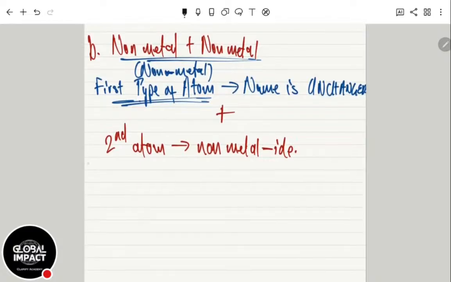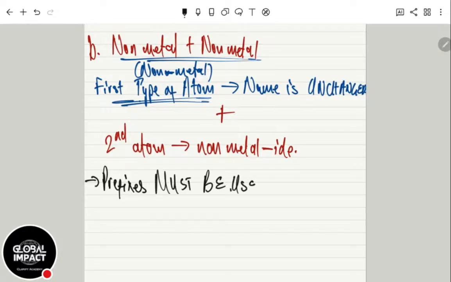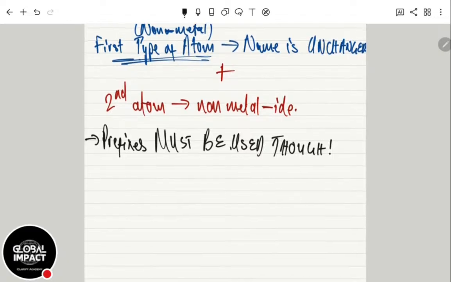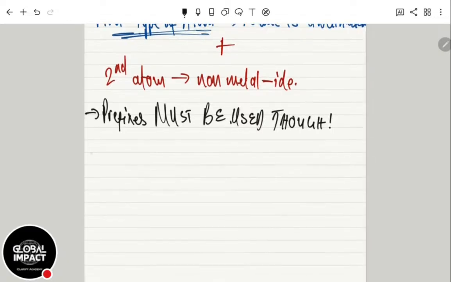Now, there is one thing to remember, which is that prefixes must be used. Let's put the prefixes.